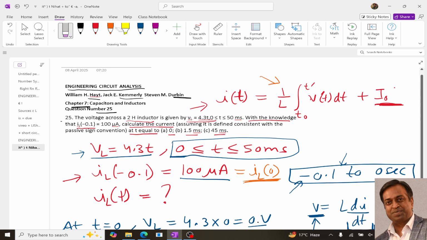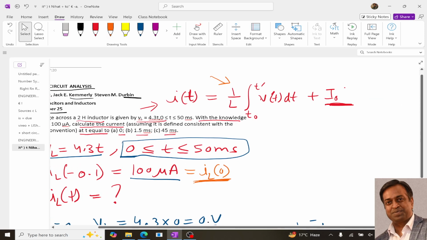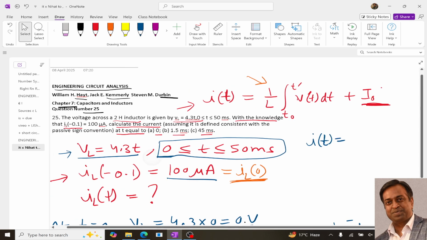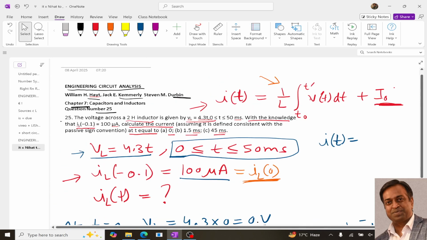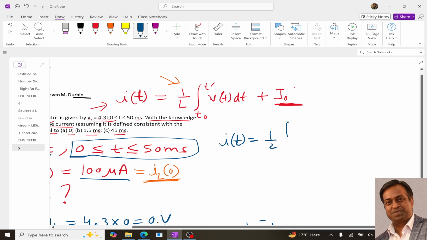How? This formula will become i(t) = 1/L times the integration. Our L is 2, so 1/2 times the integration.